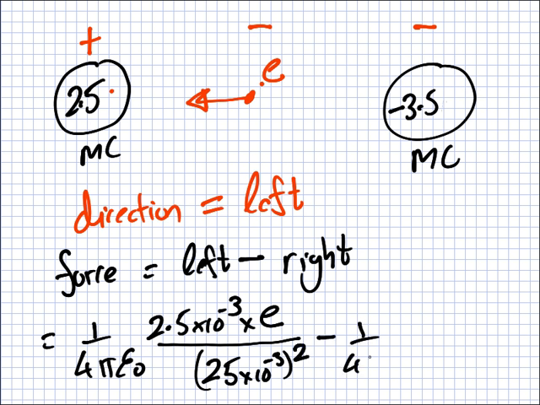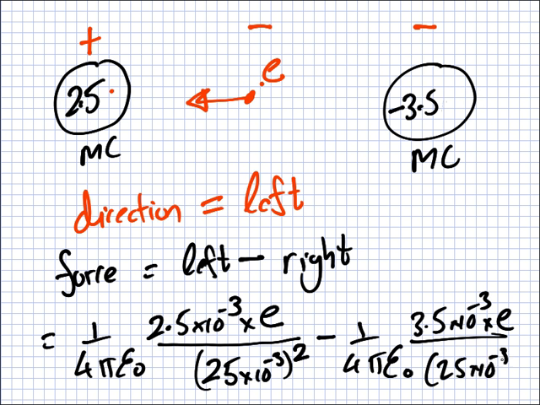Minus 1 over 4 pi epsilon 0, 3.5 times 10 to the minus 3 times e over 25 times 10 to the minus 3 squared.